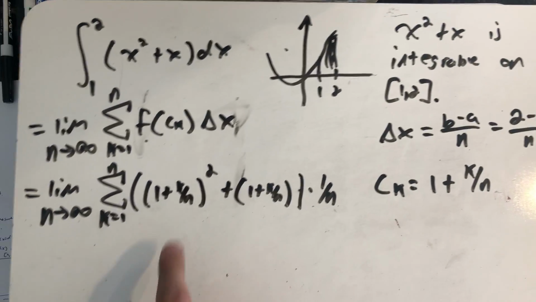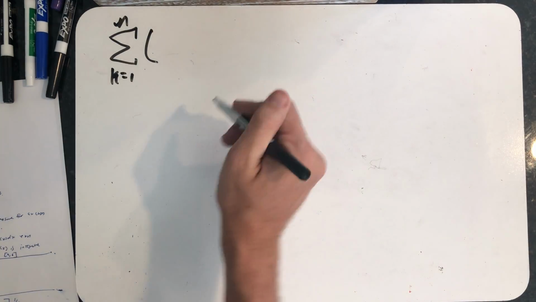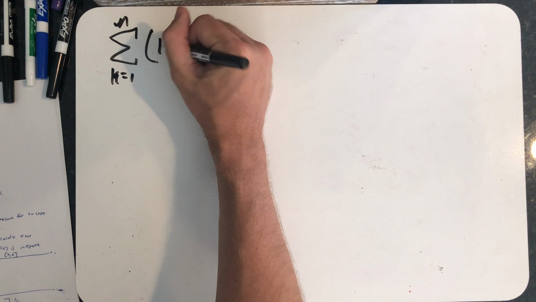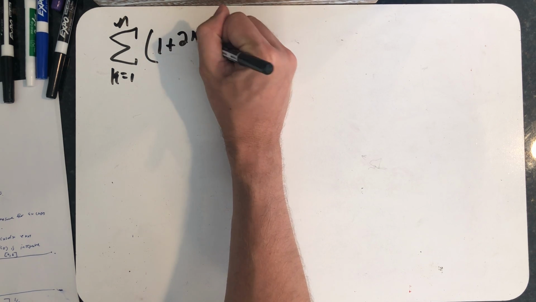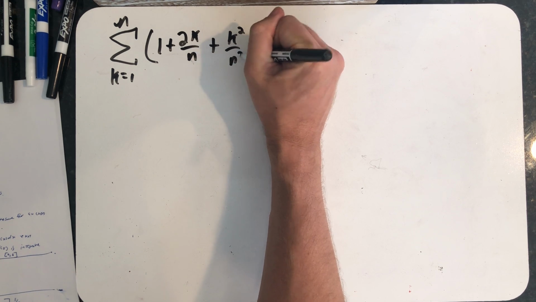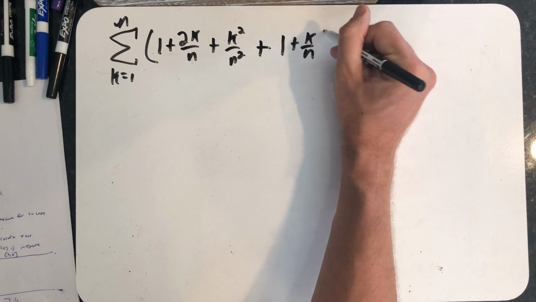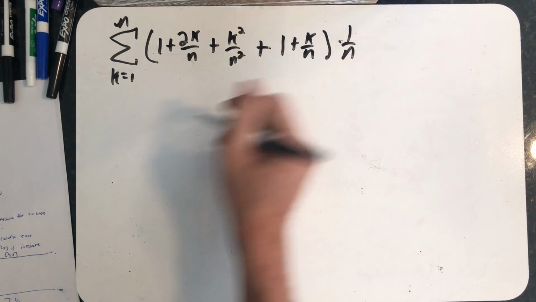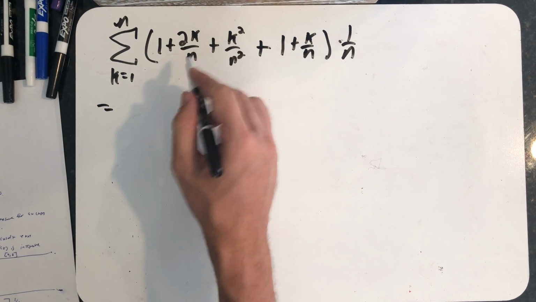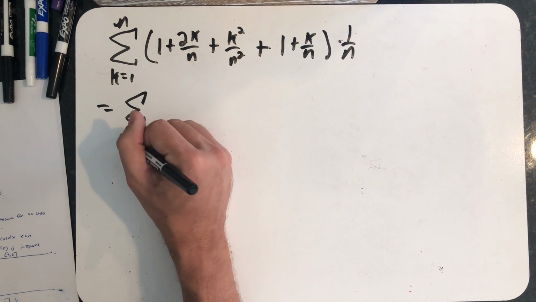And so I need to square this and then add this to it. So I'm going to go on and square this as I write it down here on my next board. Still times that delta x on the outside. All right, so I got some like terms on the inside. I also need to distribute that 1 over n through.